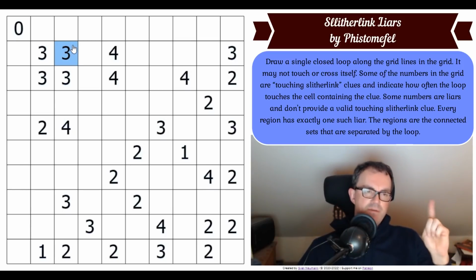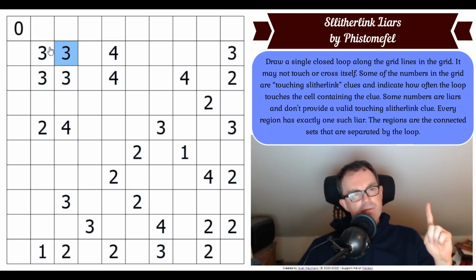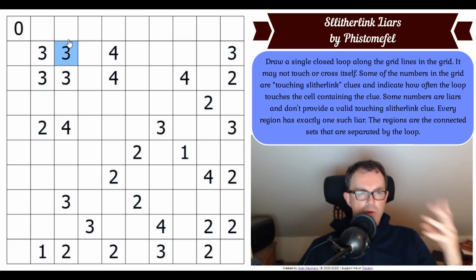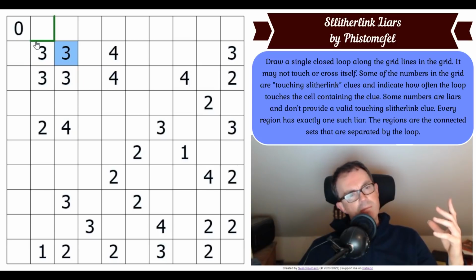I've convinced myself of something very tiny, which is that if any of these 3s is a correct count, the way that it must be made up is not with tangents like this. It must have one of its borders as a complete line.